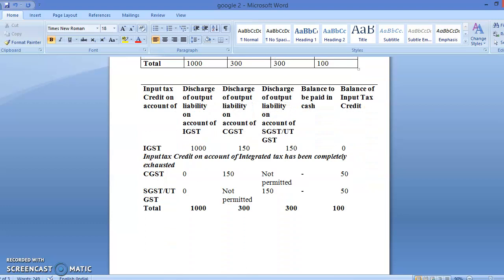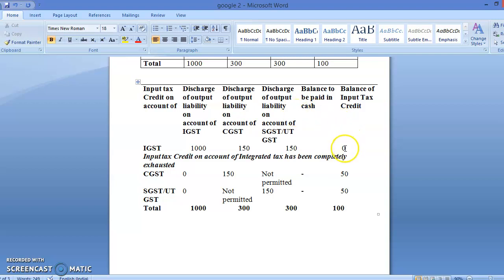There is one more option you can see in this table. First, IGST liability has been set off completely, 1000 rupees out of IGST credit available 1300. The remaining 300 credit available has been utilized to set off CGST and SGST liability equally, 150 each.